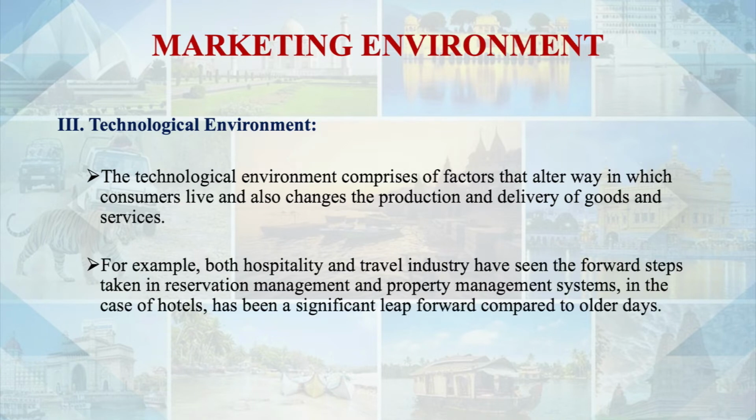For example, both the hospitality and travel industries have seen different kinds of steps taken in order to make bookings. Reservation systems are being introduced, and property management systems are being used in different hotels. They help a lot both the consumers and the organizations that are attracting different kinds of consumers for their products and services.